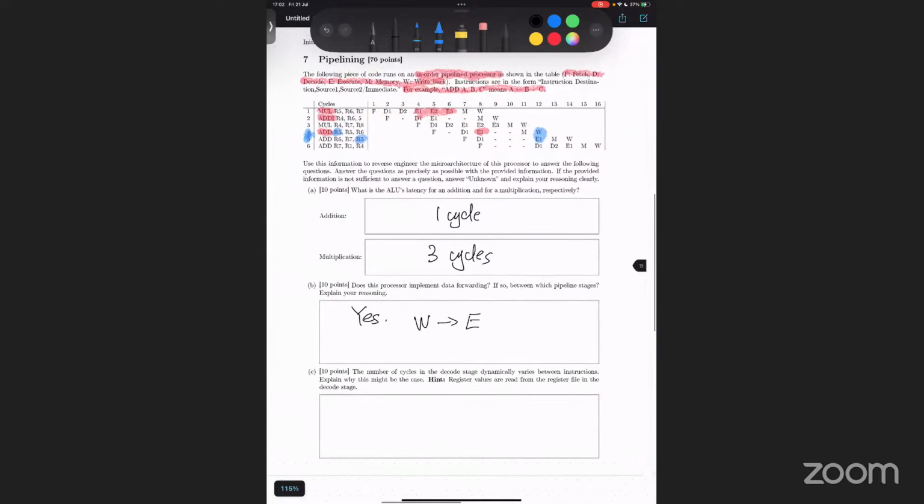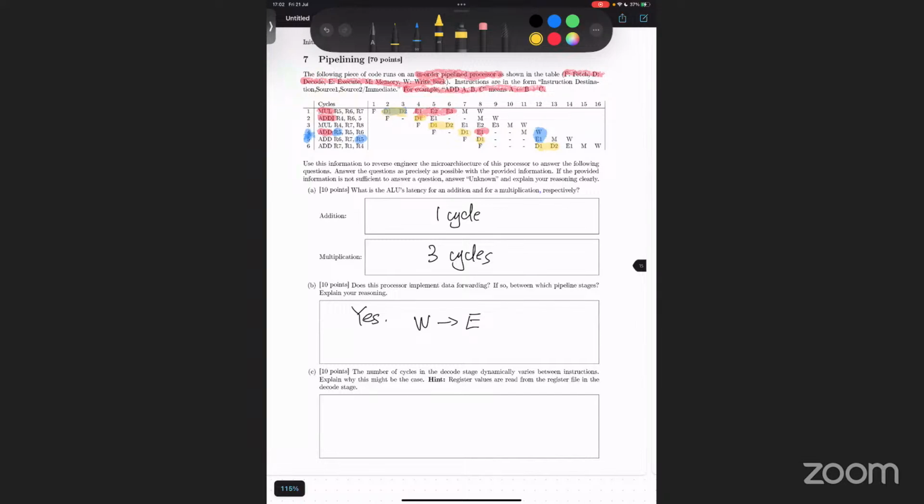So the next question is, we observe in this pipeline diagram that the decode stage takes a variable number of cycles, sometimes 1 cycle, sometimes 2 cycles.